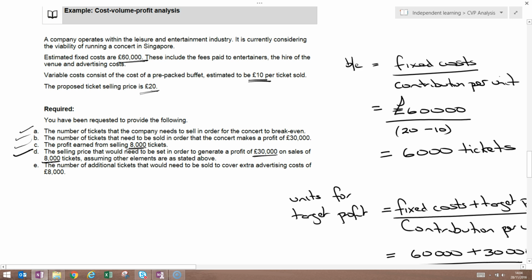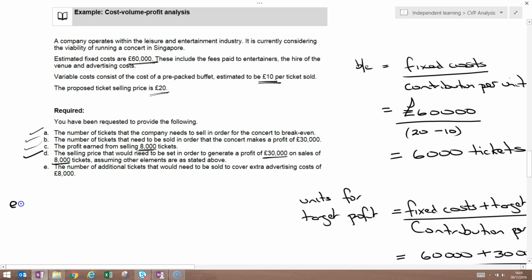Advertising is a fixed cost. So it means that our fixed costs, which were £60,000, will now be £68,000. So if we work out a new break-even point and compare it to the old break-even point, we will know how many extra tickets that we will need to sell.